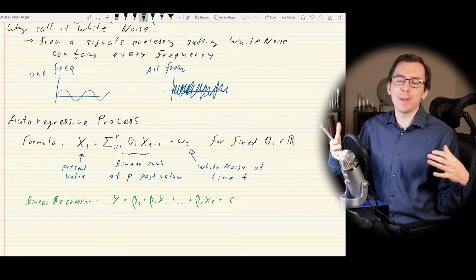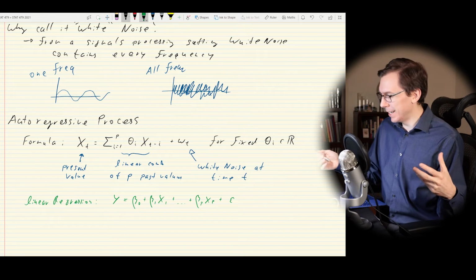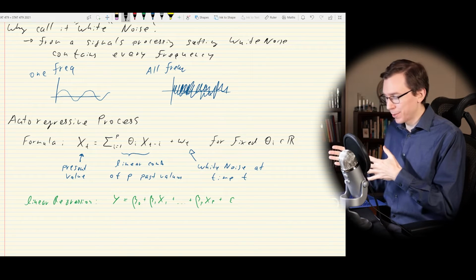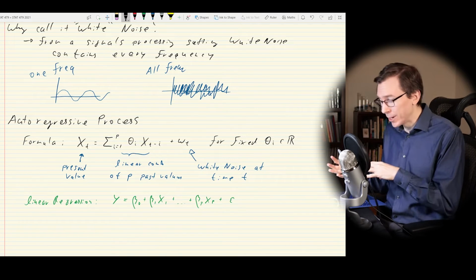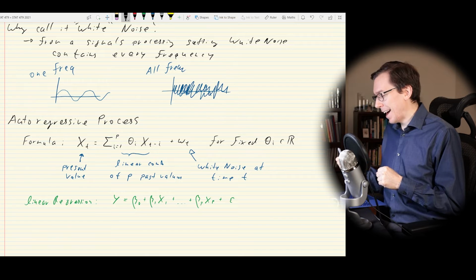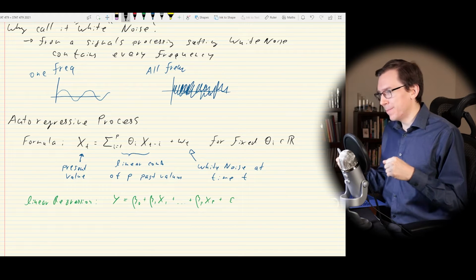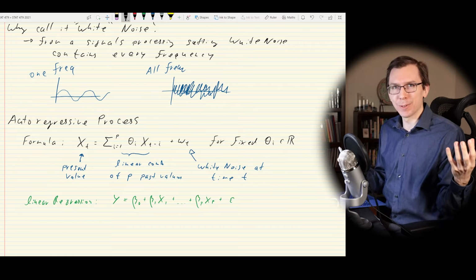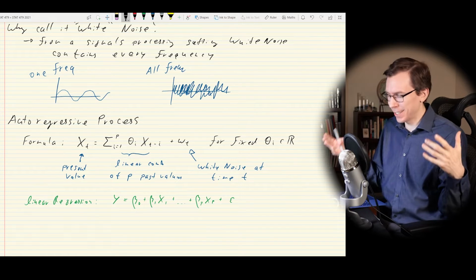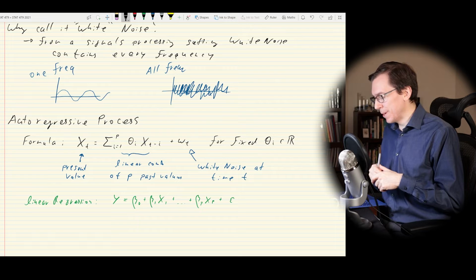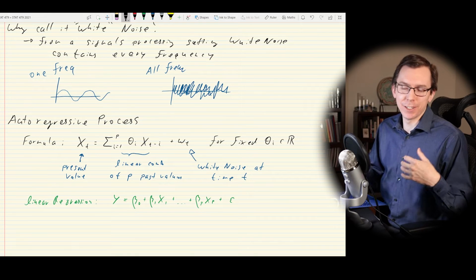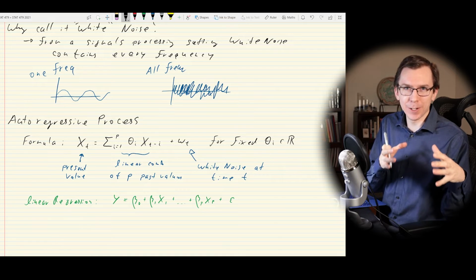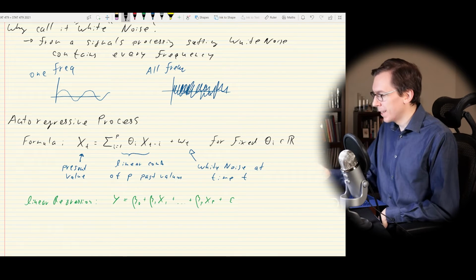In this case, we have the same idea happening. It's just that we now have a white noise process for our epsilon, our noise. And instead of having a new response y, we're using the past values to predict the present value. But ultimately, we still have a linear combination of predictors that's going to tell us the value of our response variable.